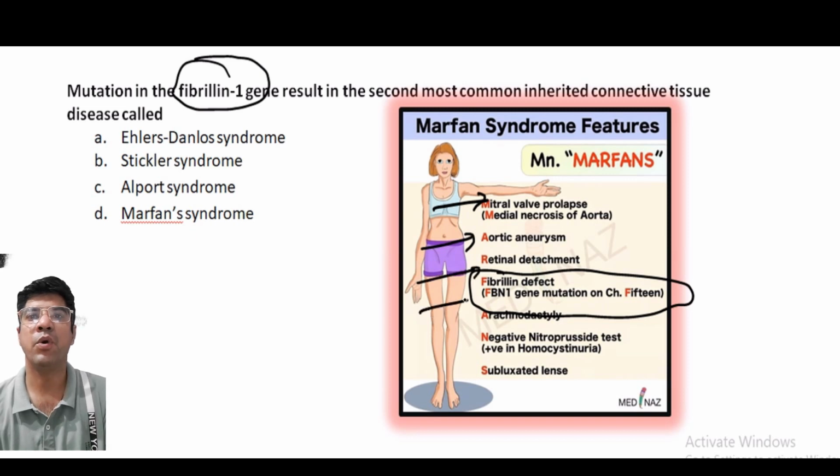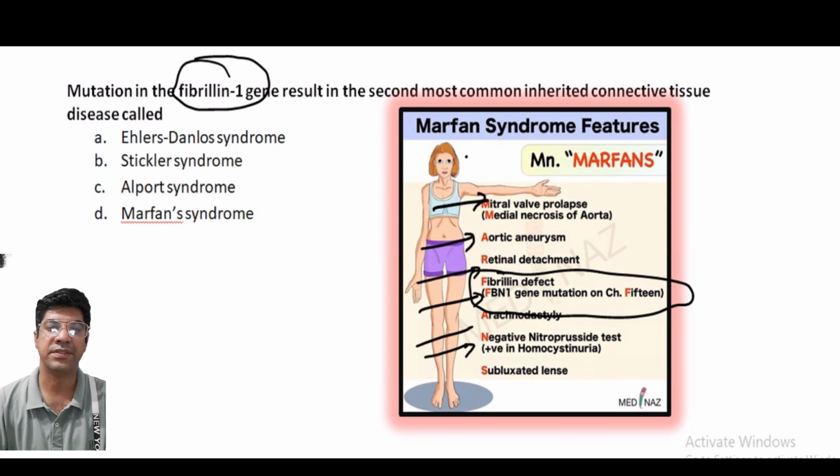So remember the mnemonic: M stands for mitral valve prolapse, A stands for aortic aneurysm, R for retinal detachment, F for fibrillin gene, A for arachnodactyly, and N is negative nitroprusside test.